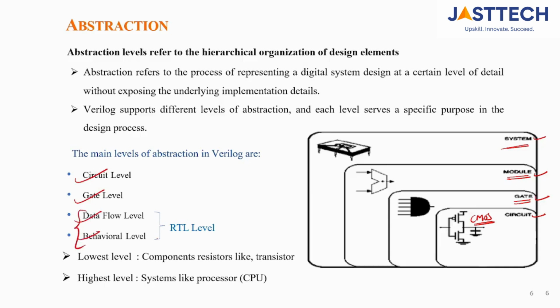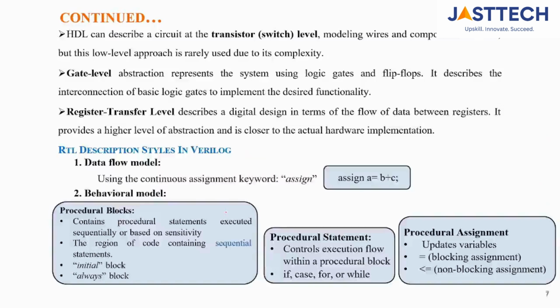Data flow and behavior together we call the RTL level. Transistor level is nothing but switch level modeling, where we write the code for transistors. Gate level modeling means we represent the design in terms of logic gates or flip flops.